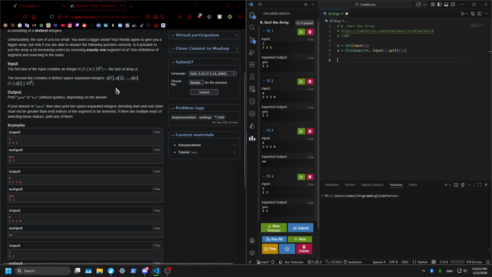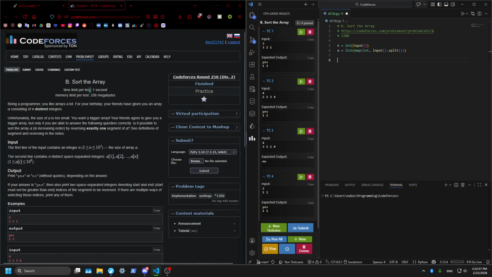Now, how do we go about this? Yes, and we reverse 2 and 3. One second, 10 to the 5. The array values can be 10 to the 9.